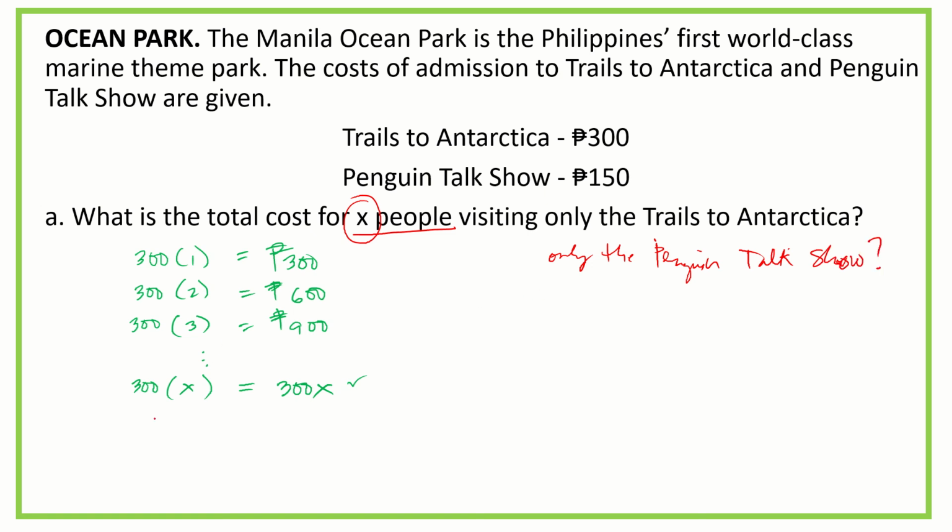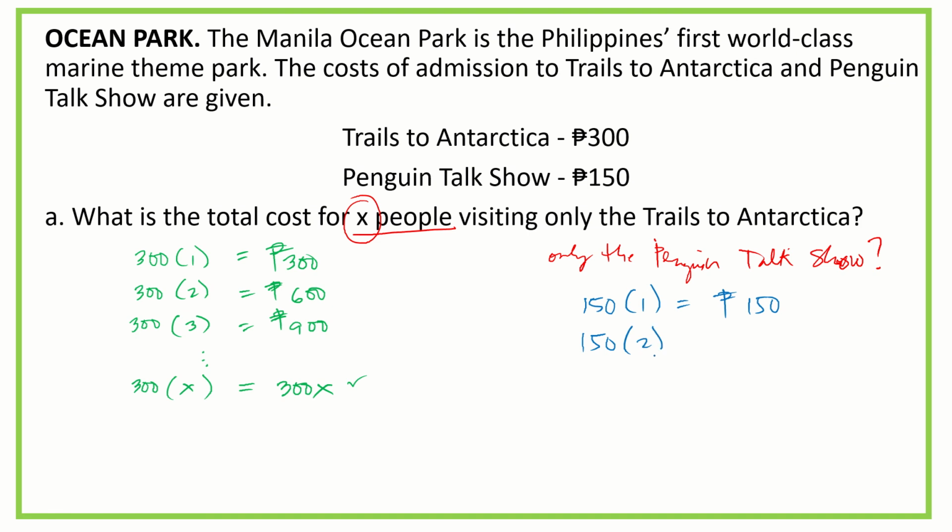In that case, we will figure out the pattern. Starting with one person. If there's only one person who will go to Penguin Talk Show, that's 150 times 1. So the total cost would be 150 pesos.